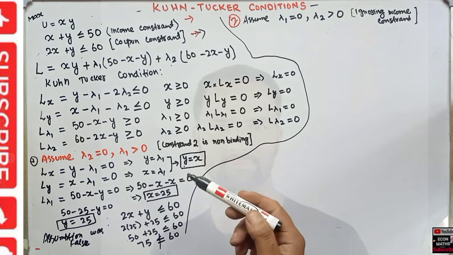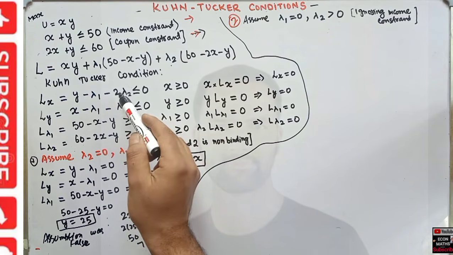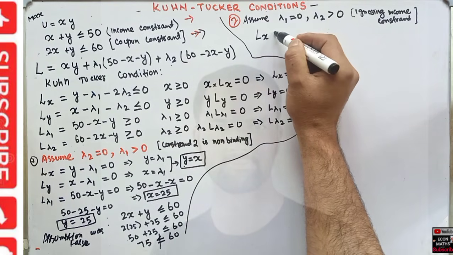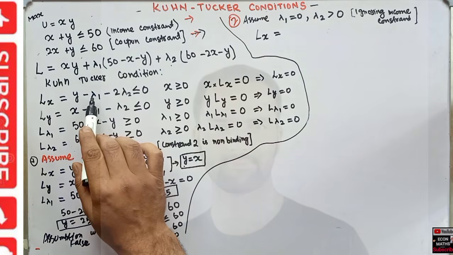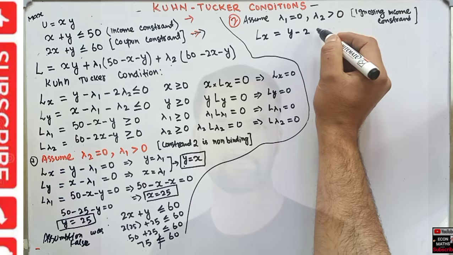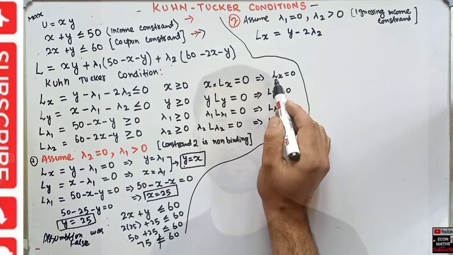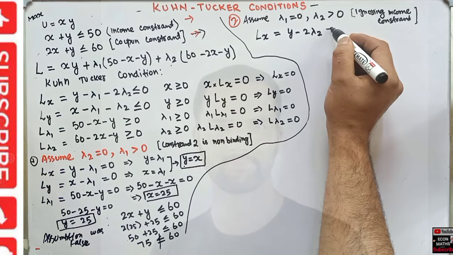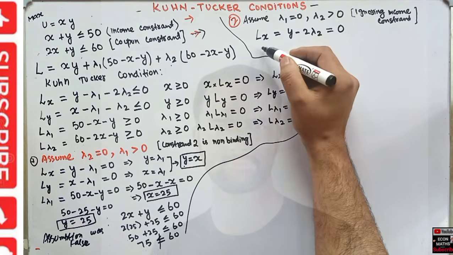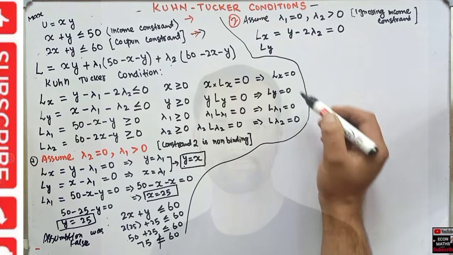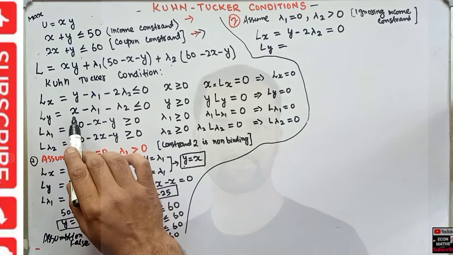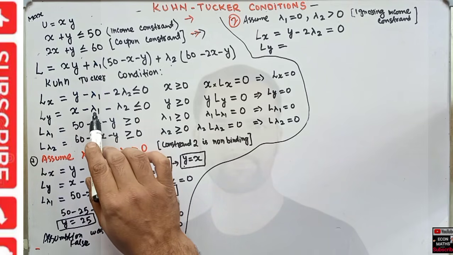Now wherever we have lambda 1 equal to 0, we have Lx equal to, with lambda 1 equal to 0, we are left with y minus 2 lambda 2. Since we have equated the whole partial derivative with respect to x to 0, this is equal to 0. Similarly L of y is x minus lambda 2, because we assumed lambda 1 is equal to 0.